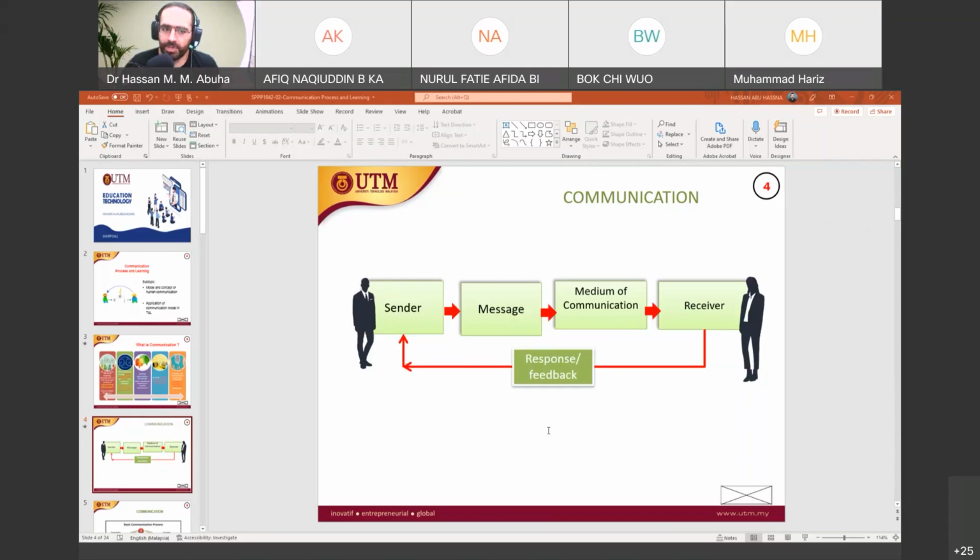We will see some models now. Some theorists claim that there are more variables that are necessary in any communication process. Okay, so sender, message, and receiver. At the end, we have the feedback that tells us that the students are getting the information.